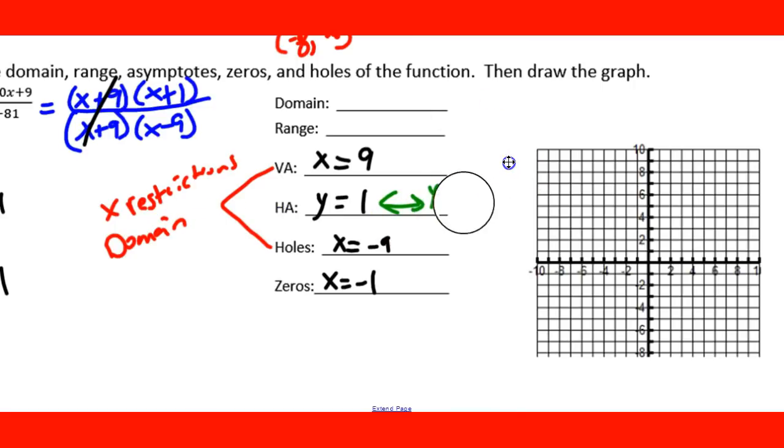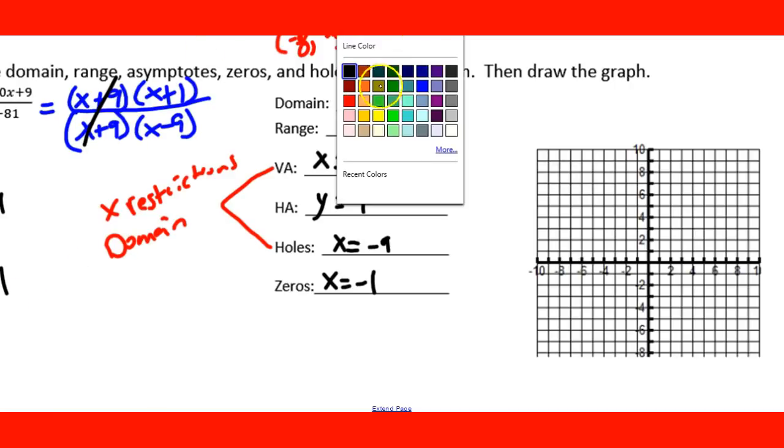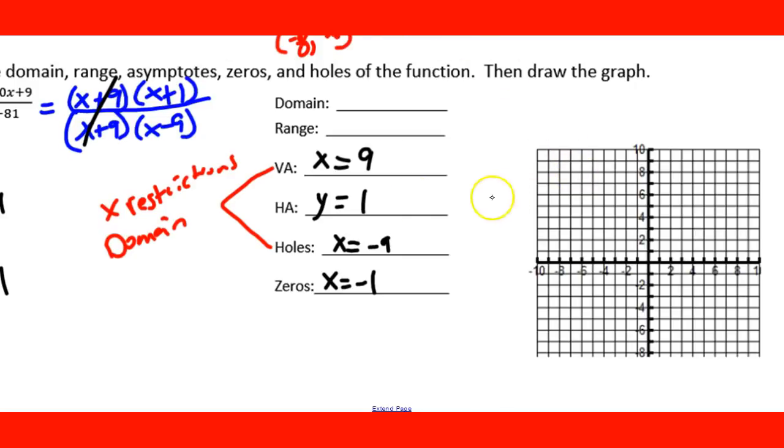So now let me move this out of the way so I can have space to write. For the domain, let's graph this thing first. Put your asymptotes on your paper. Always do this, guys. Don't go to the calculator first. Just put them on there. Vertical asymptote at 9. So here's 9.